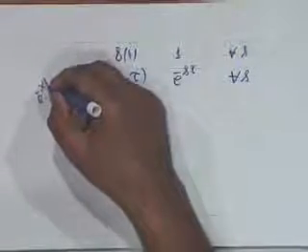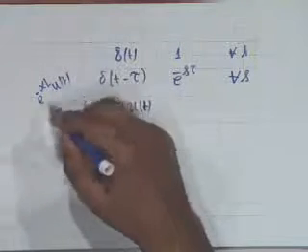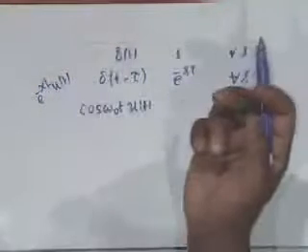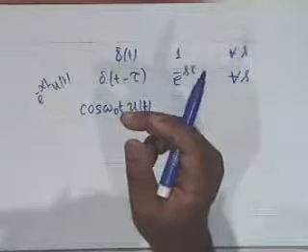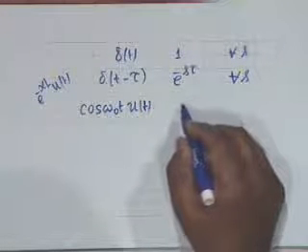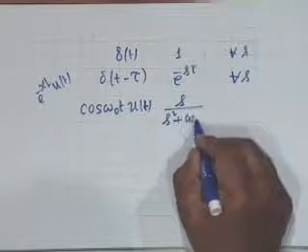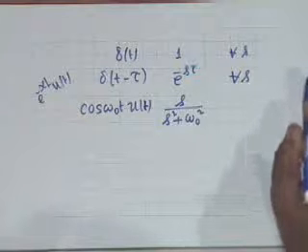You know the Laplace transform of e to the minus alpha t u of t, so there is no reason why you cannot put alpha equal to j omega or minus j omega and obtain the transform. Simplifying would give you s divided by s squared plus omega naught squared. This is what it shall be.